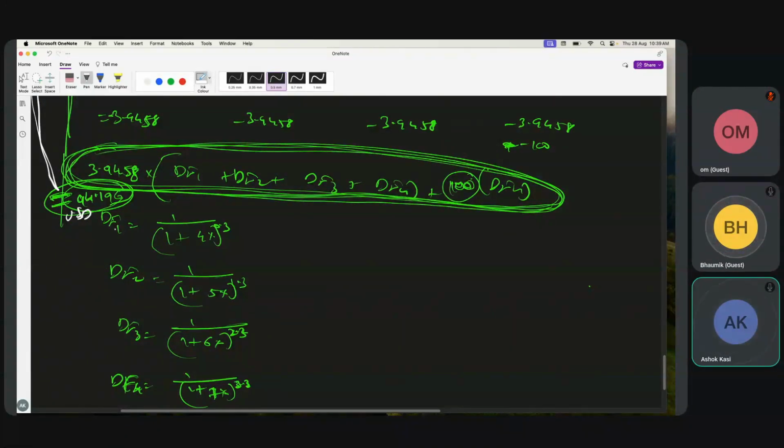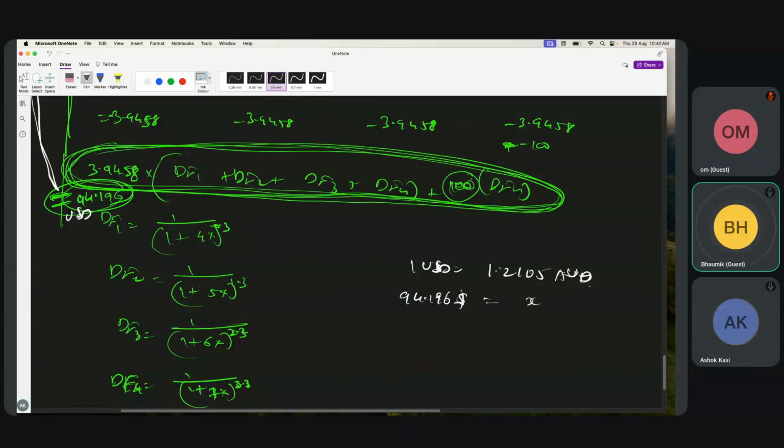Now the exchange rate is further given down. Can you see, 1 USD is equal to 1.2105 Australian dollar. So 94.196 USD will be how many Australian dollar?